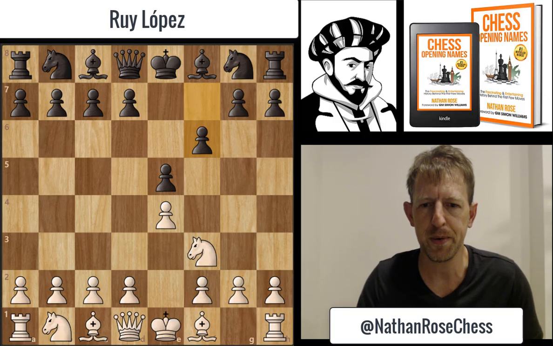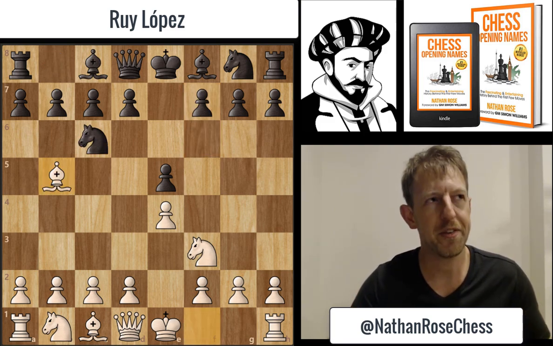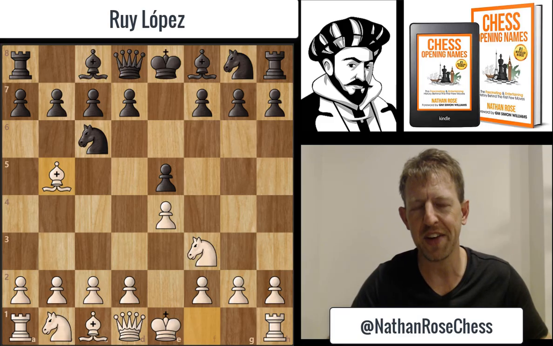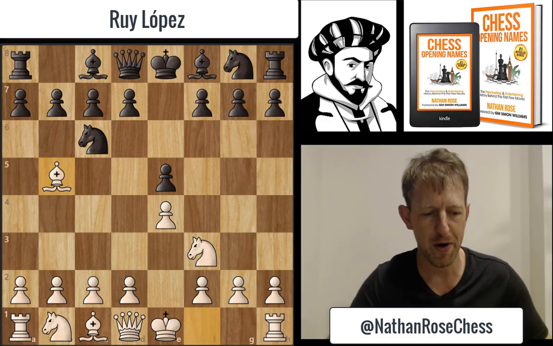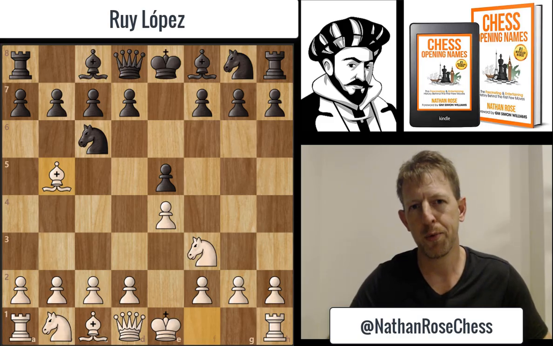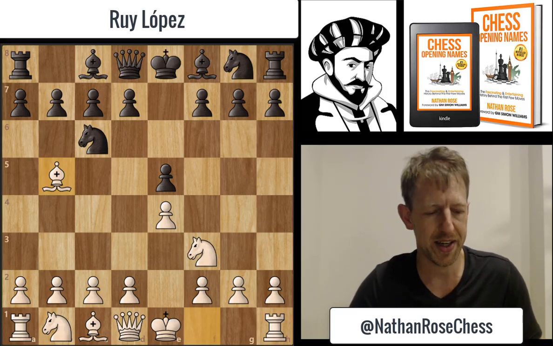But if we go back to the Ruy López and López's book, there were many sections in it. There was some material on the origins of the game, and the rules which were in force in Spain at the time, some of which were different than today, actually.